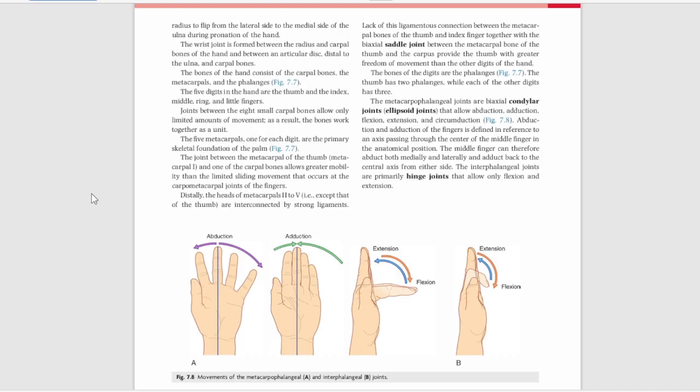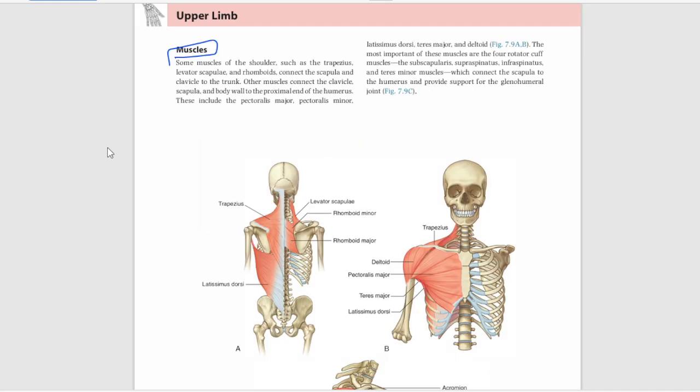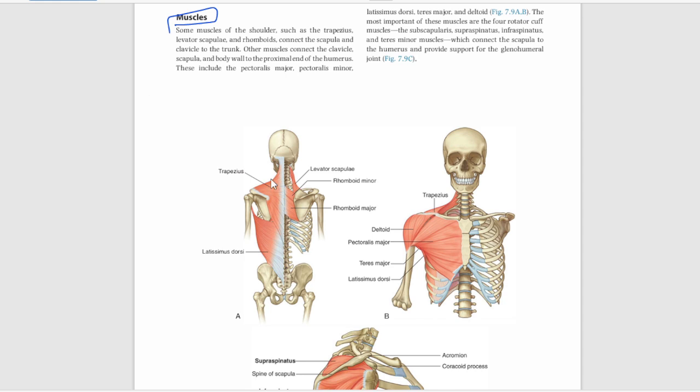Now move ahead. Muscles on the back side: this is the trapezius muscle. This is the latissimus dorsi, an important muscle. This is the clavicle, and the trapezius muscle is attached to this area and also to the clavicle on the front side.